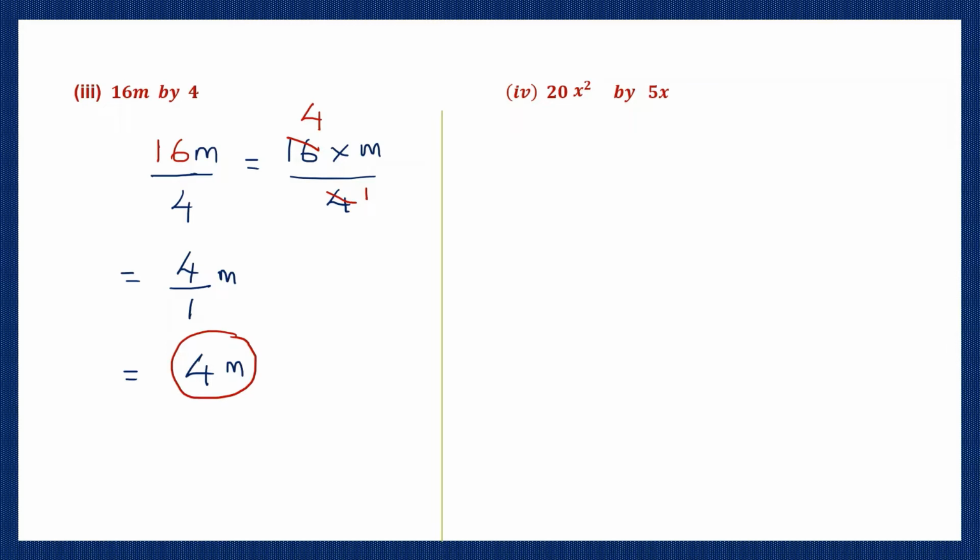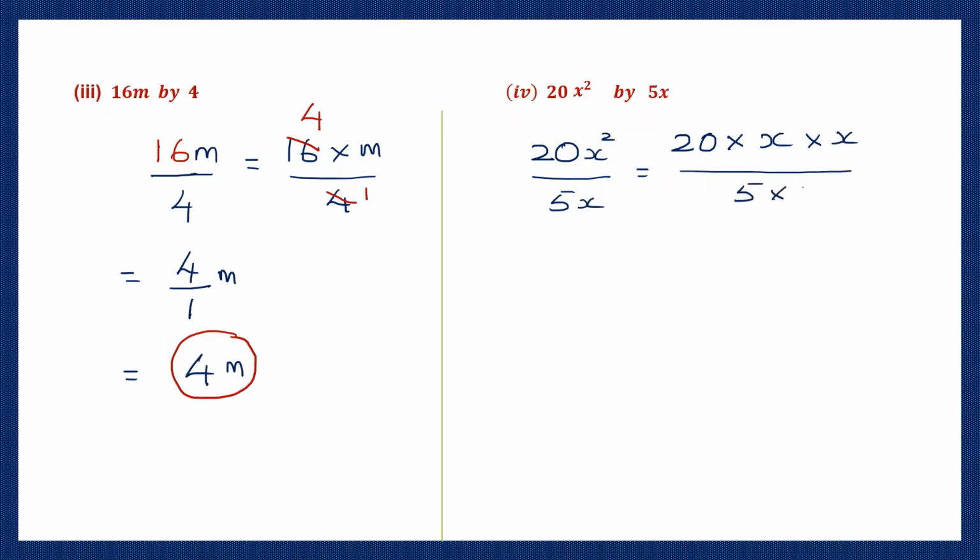Question 4. 20x square by 5x. So let's write that down. 20x square divided by 5x. This is equal to 20 into x square, which means x into x, and 5x is 5 into x. So let me cancel what I can here.